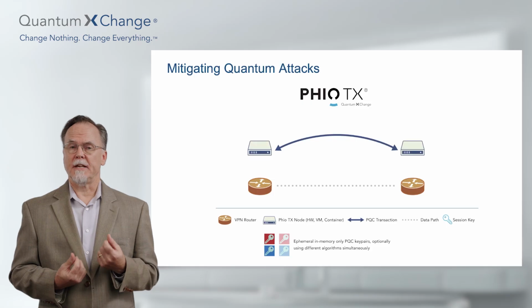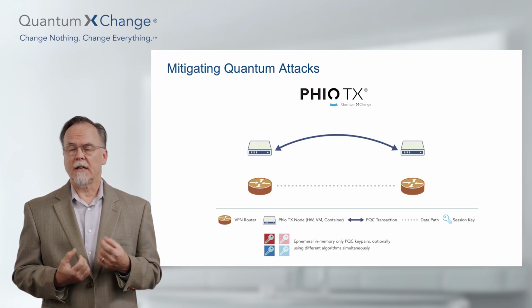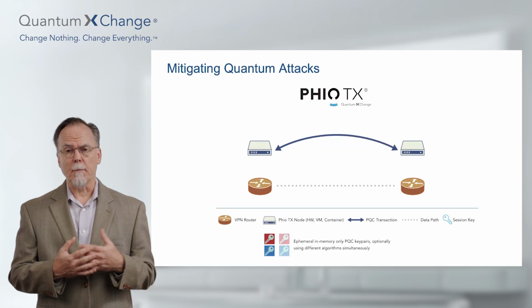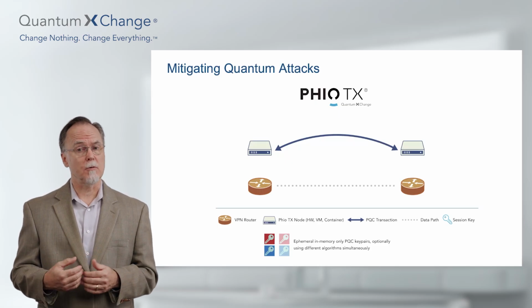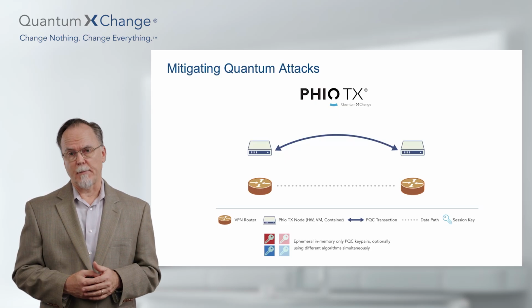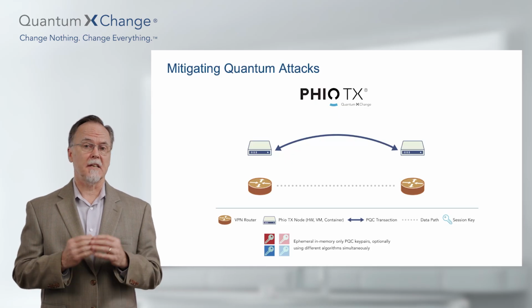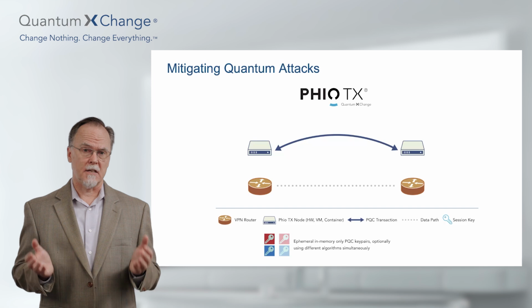Phio TX is basically the blue boxes at the top, and it's similar in architecture design to identity and access management. Back in the day, we used to have usernames, passwords, and roles as data elements in every application. At some point, that became unmanageable, and we started to build things like single sign-on and then identity and access management.